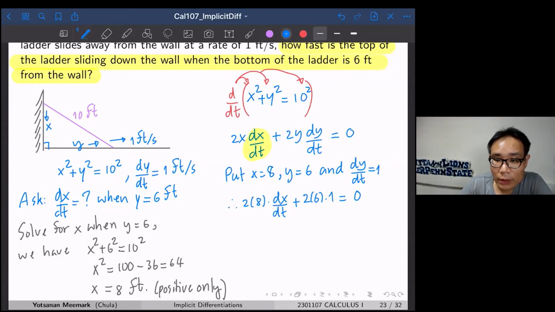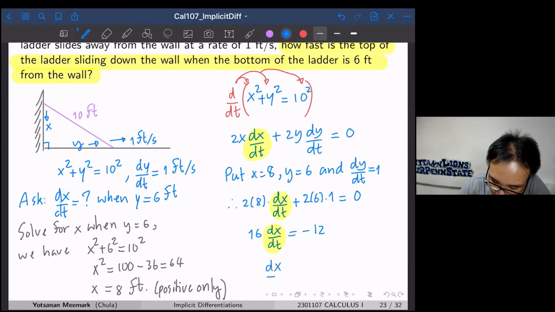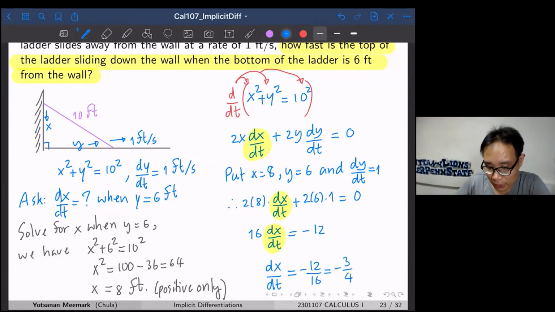And you're going to get 16 dx/dt, and this turned out to be equal to negative 12. So you have dx/dt equal to negative 12 over 16, equal to negative 3/4 feet per second.